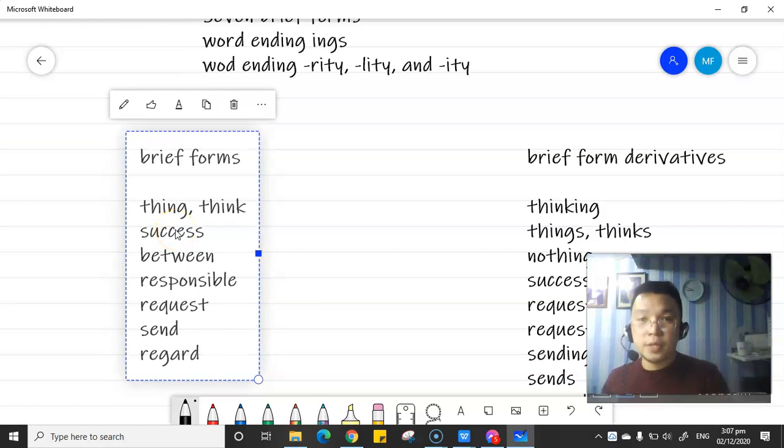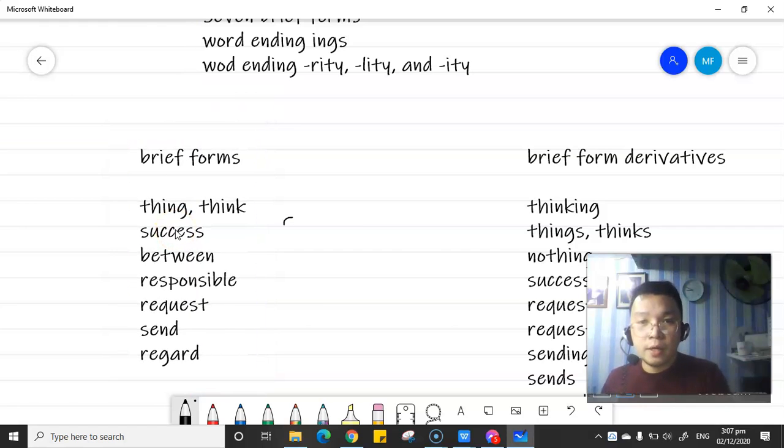Think is represented by the over it, and then just put dot to represent the ing for thinking. Success, SUK for success. Between is just simply B-10. Responsible is RSP. Then request is just simply RKEST for request. Send is SEN.